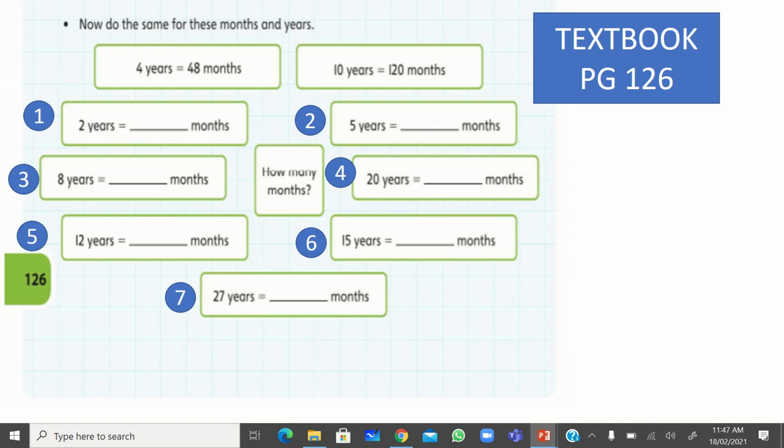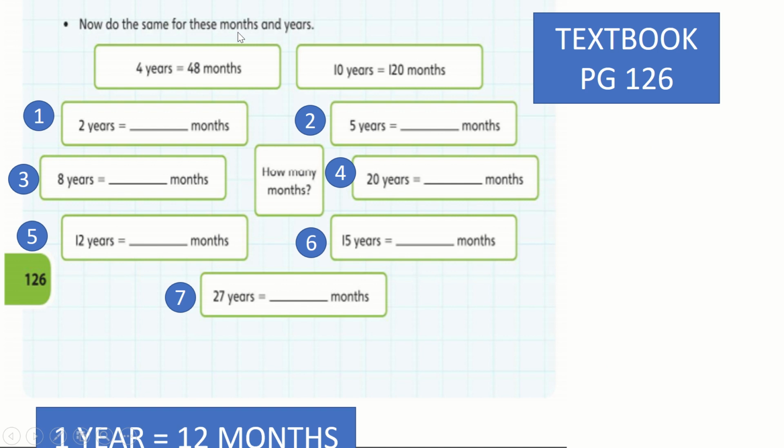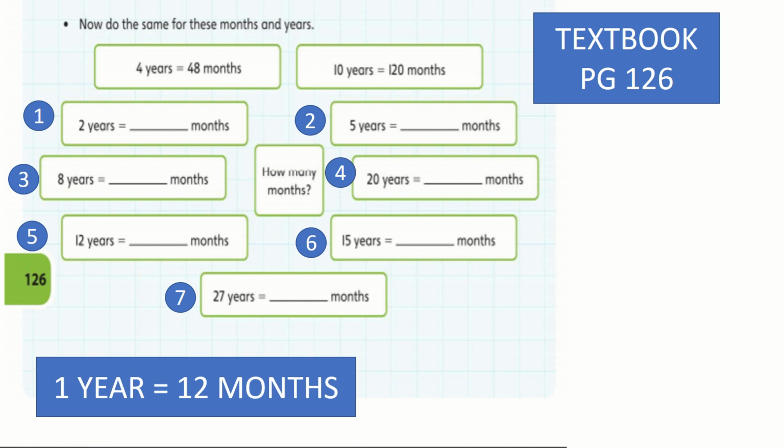This is the second part of your textbook page, and it is again about conversion, but this is from years to months. So please remember there are 12 months in 1 year. Now do the same technique. As years are greater than months, because in 1 year there are 12 months, and we are moving from greater to smaller, we will multiply by 12.